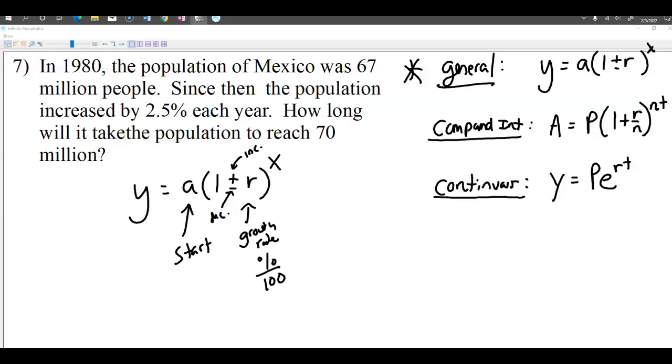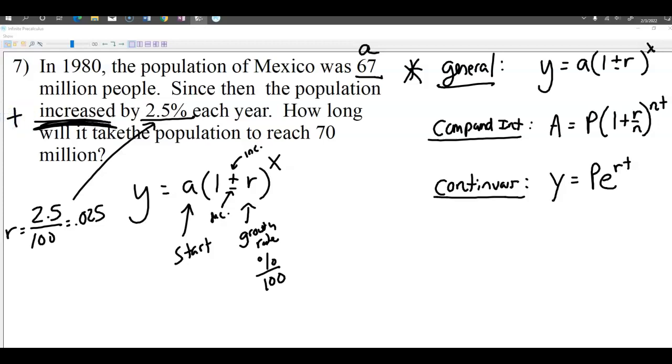So, reviewing all that, let's go back to the problem now and see what we got. We see that there's 67 million people. That is our starting amount, the A value. Here's my R value, but remember, that's a percentage, so we need to divide it by 100. That's my R value. And it says that the population is increasing, so we're going to go with the plus.